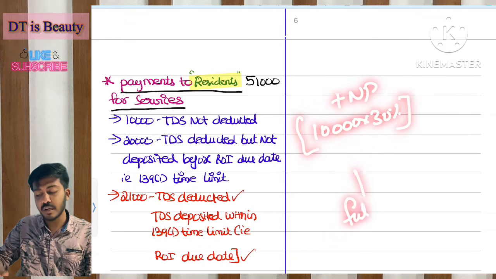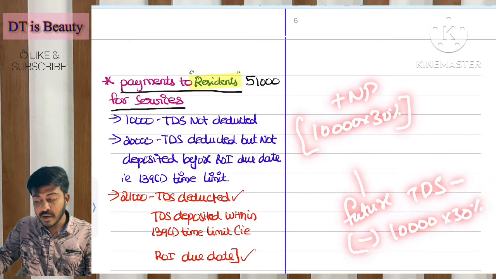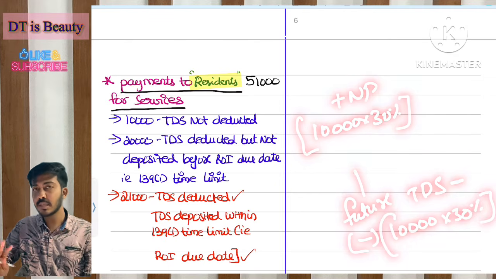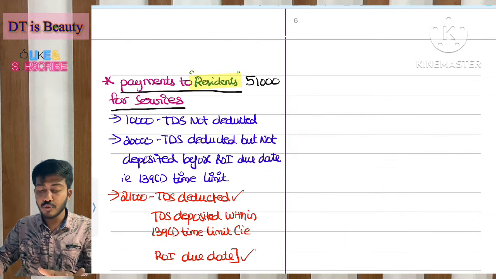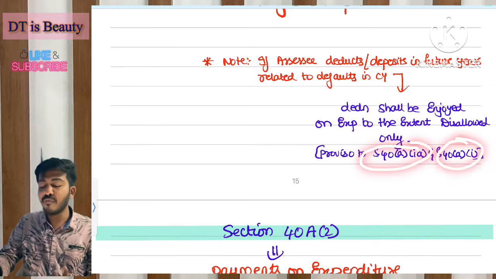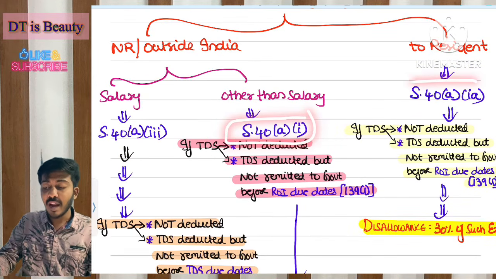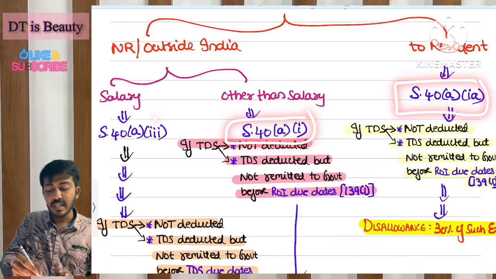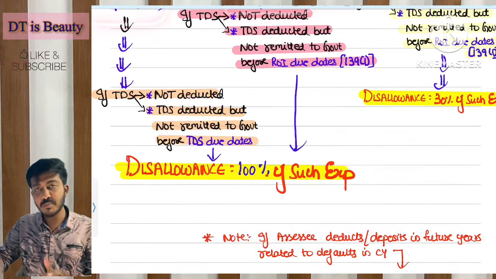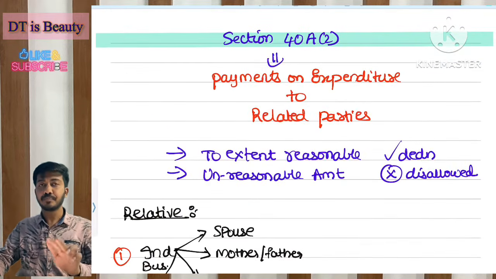In future, if he deducts TDS realizing his mistake, in that future year he can take 10,000 into 30 percent as minus. Simple, clear, super. That is what I have written in notes here for section 40(a)(i) and 40(a)(ia). What is 40(a)(i)? It is for non-residents, and 40(a)(ia) is for residents. This is 40A(3). For this there is no such provision. Simple. Okay. Come back to 40A(2).